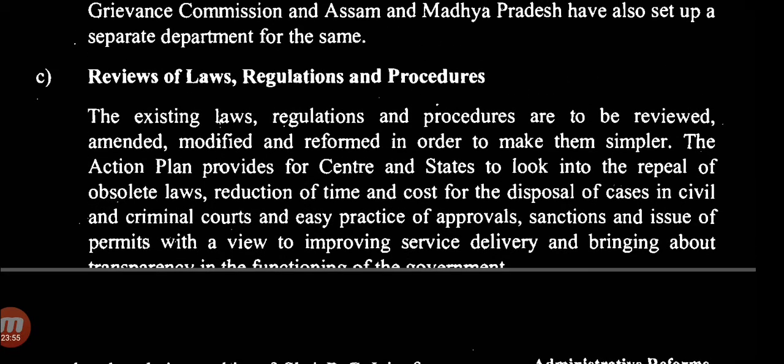The existing laws, regulations, and procedures are to be reviewed, amended, modified, and reformed in order to make them simpler.